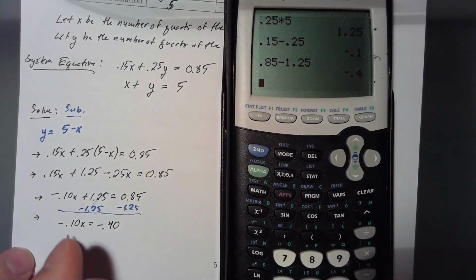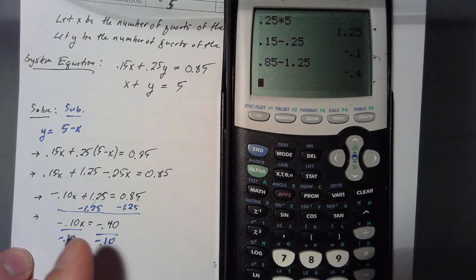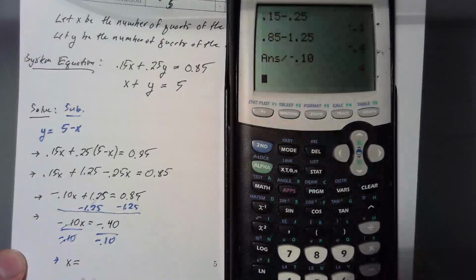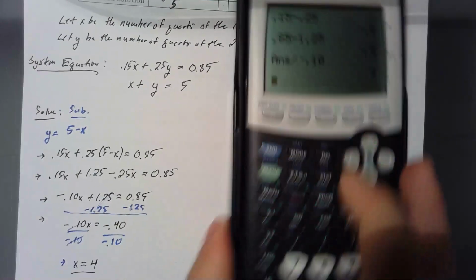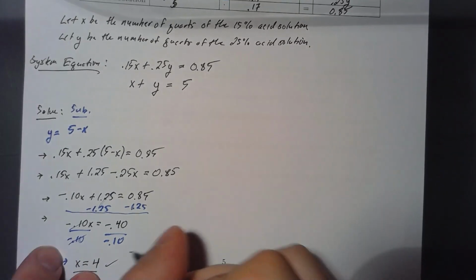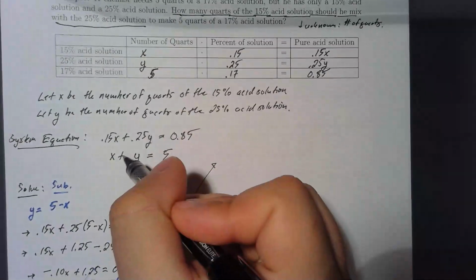And finally divide that by negative 0.10. That's going to give me x equals, so this divided by that, four. So x is 4.